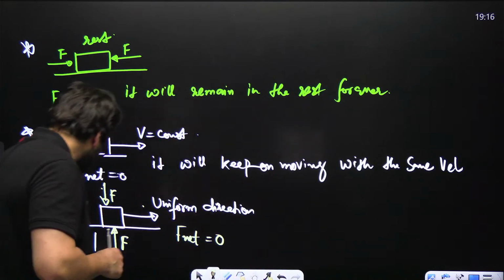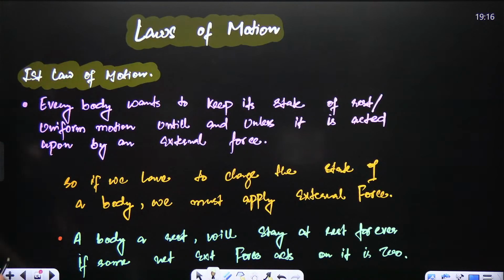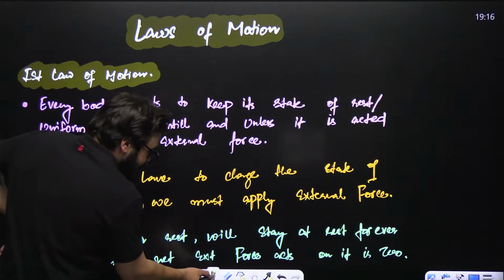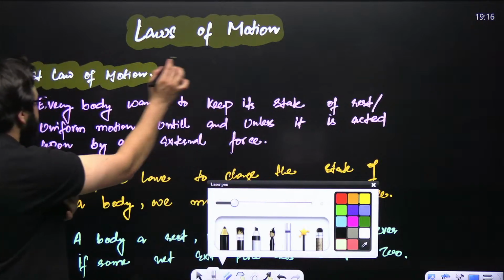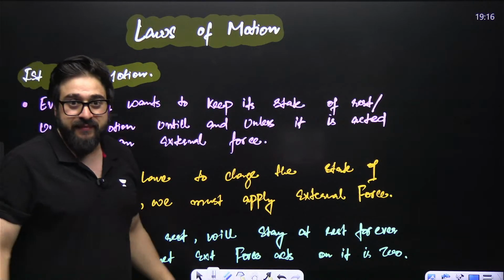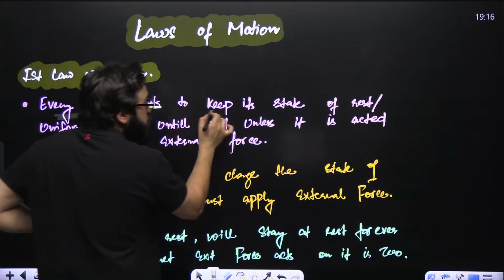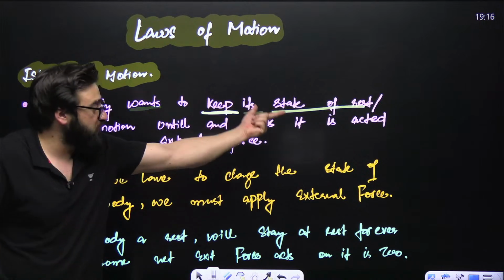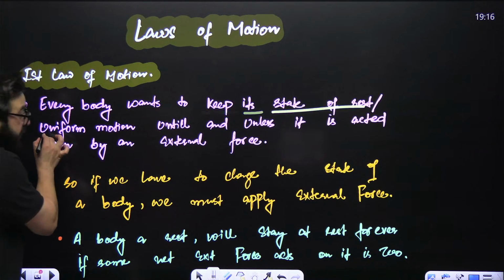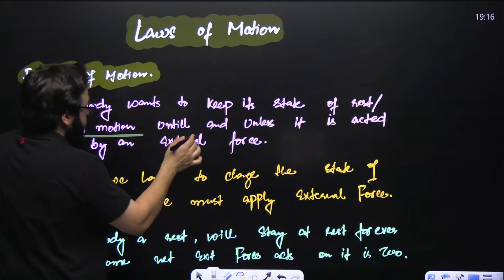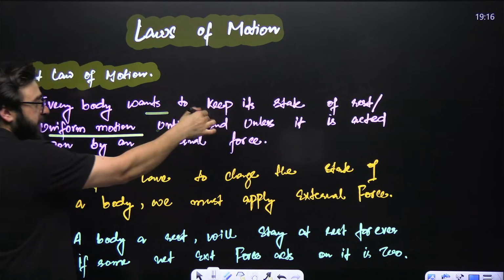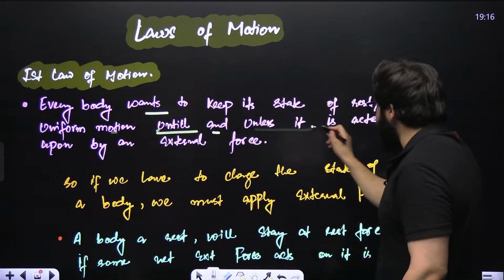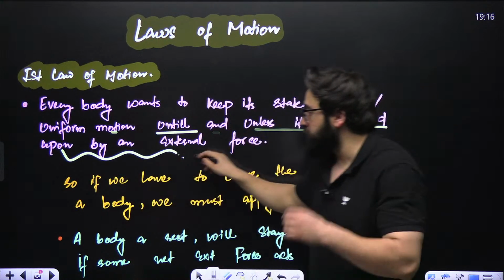Now guys, this is what we call Newton's first law of motion that I explained. Let's now talk about the definition. Everybody wants to keep its state of rest or uniform motion until and unless it is acted upon by some external force.